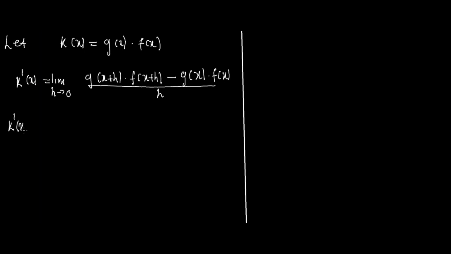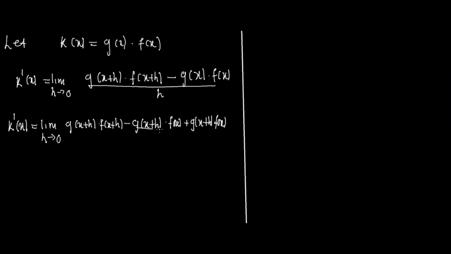So here we are going to add 0. I will show you how we are going to add 0. So this is equal to g of x plus h times f of x plus h minus, this is our 0, g of x plus h times f of x, minus, positive g of x plus h times f of x.